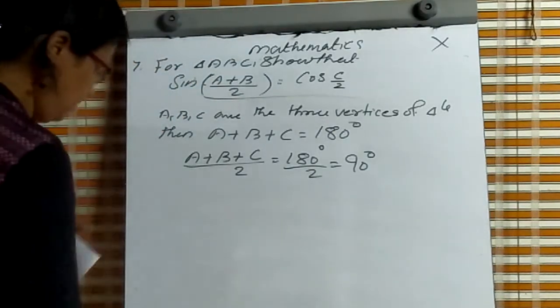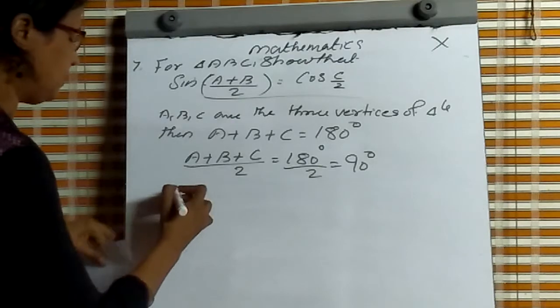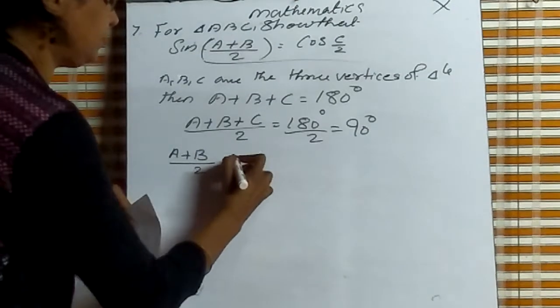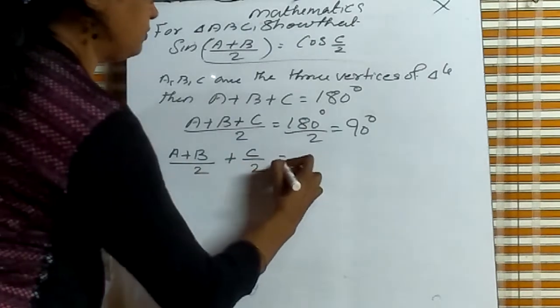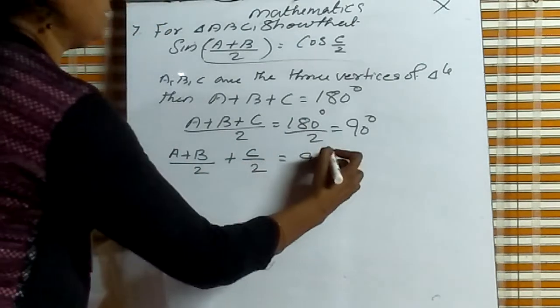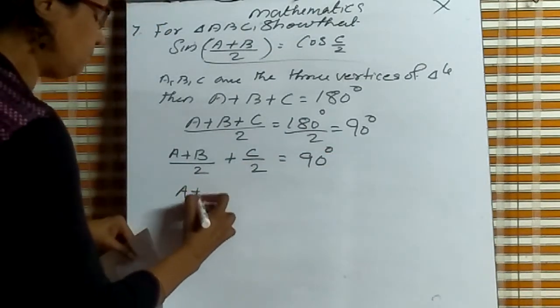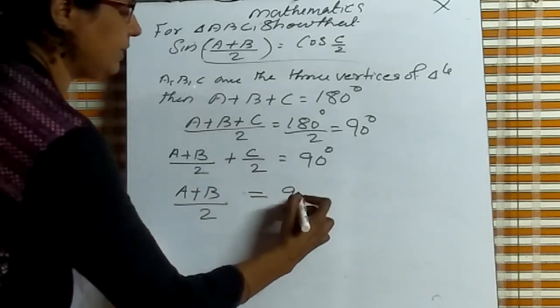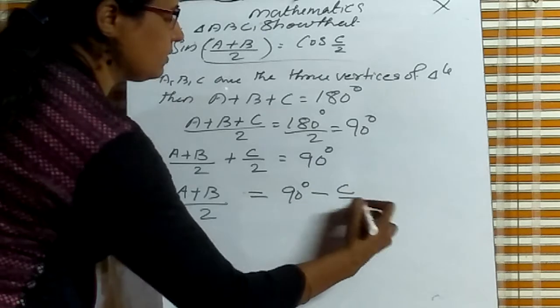Now we can split this: A plus B by 2 plus C by 2 is equal to 90 degree. Then A plus B by 2 is equal to 90 degree minus C by 2.